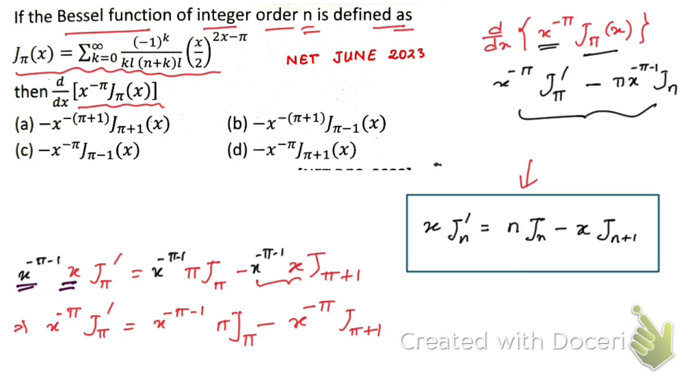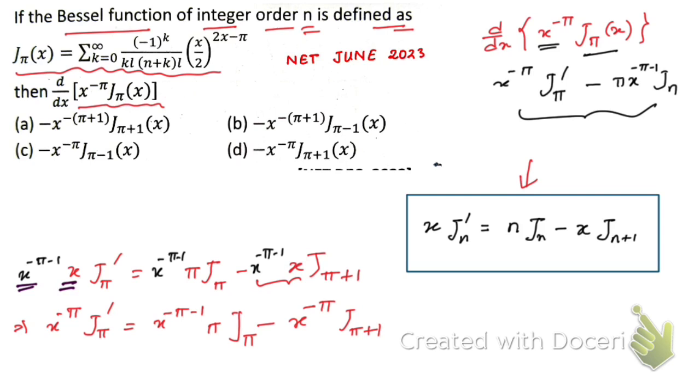Now let us try to obtain this. Okay, so here you see, here we have x to the power minus n, and here x to the power minus n minus 1, right, into n. Okay, so then what we can do here, let me transfer this part, this n into J_n, let me transfer this part to this side.